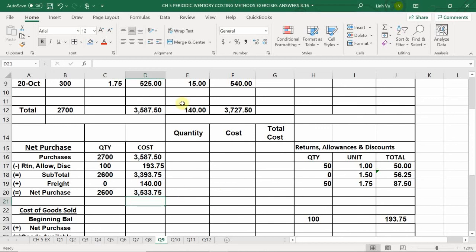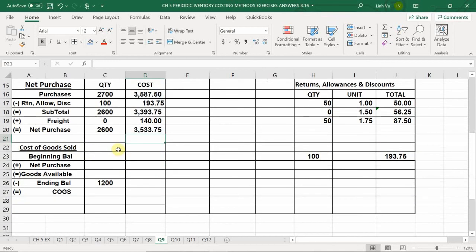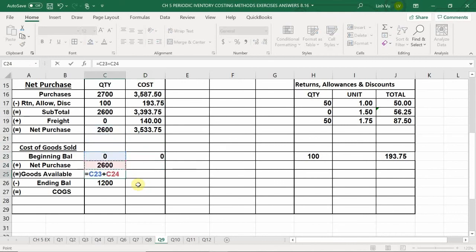As we know, we're assuming we have no beginning inventory. So that means our net purchases is going to be equivalent to our goods available.